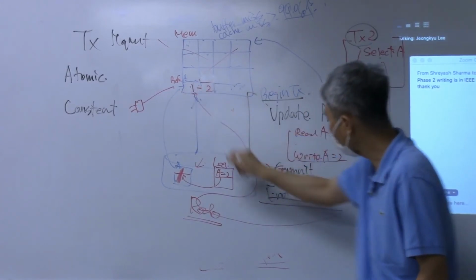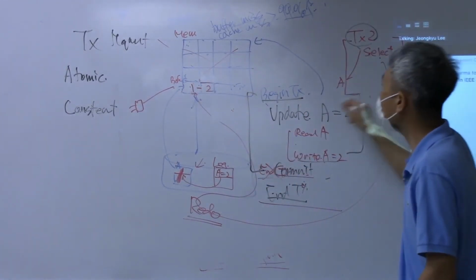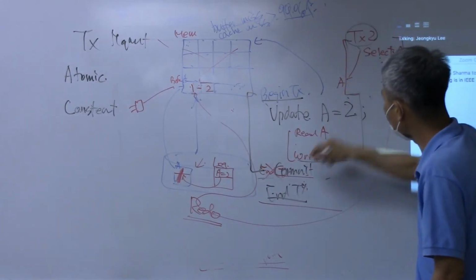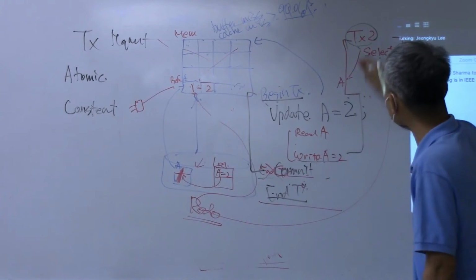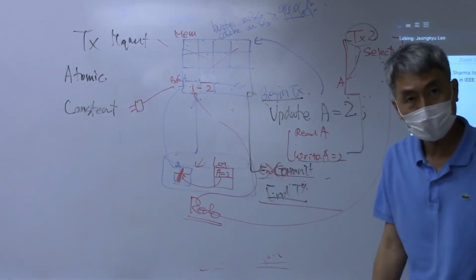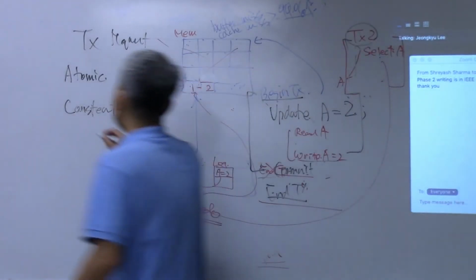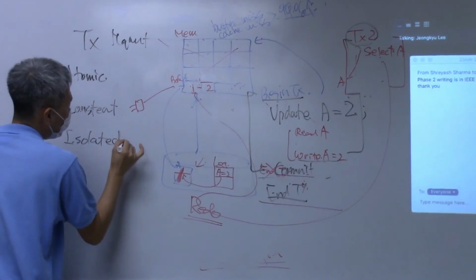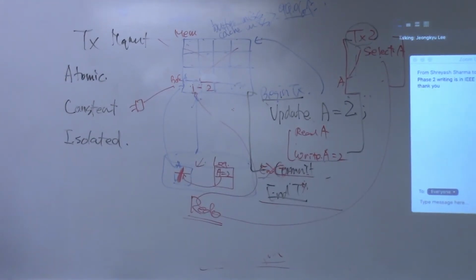But if committed, then a new transaction can read the data. But also transaction 2, even though it's committed but it's still running, reads the before image. Which means each transaction is isolated. Isolation is the characteristic. You cannot touch in the middle of a transaction because it's atomic and isolated.